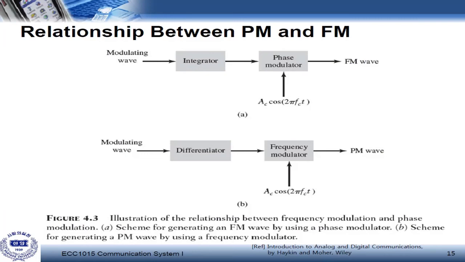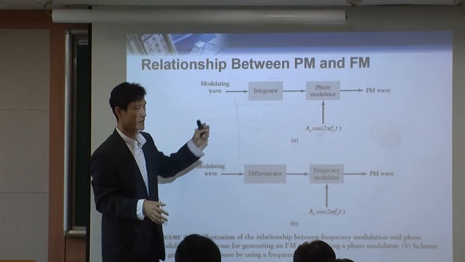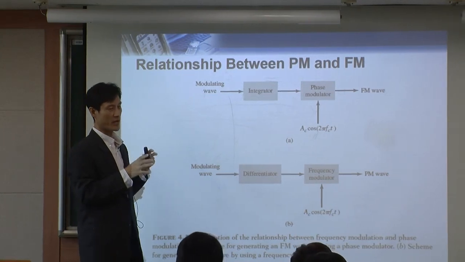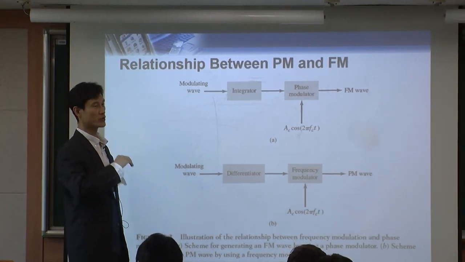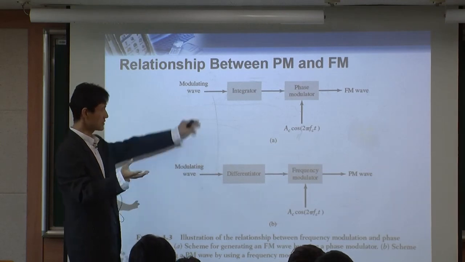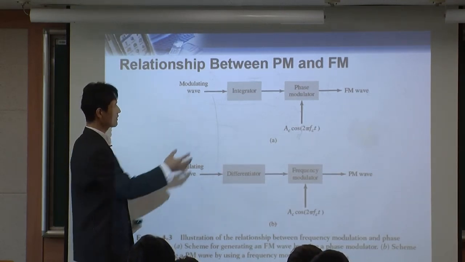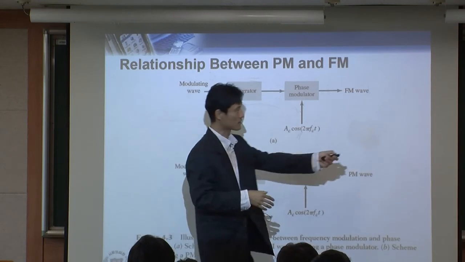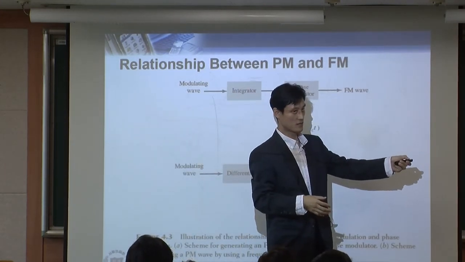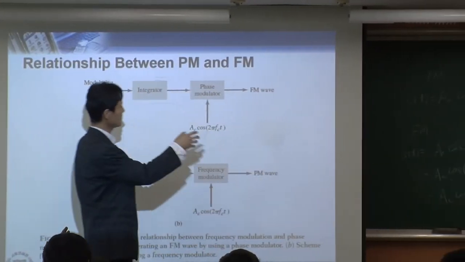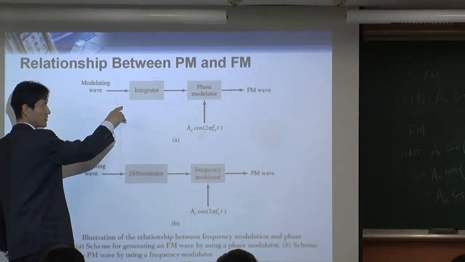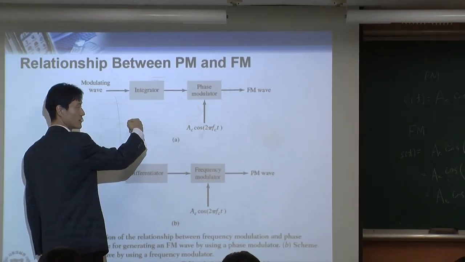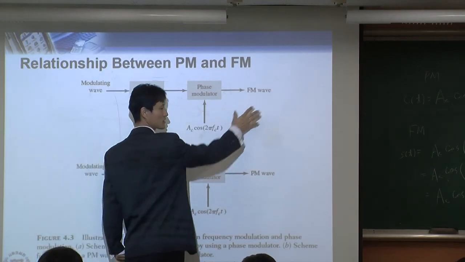This next slide shows you a little bit of relationship between the PM and FM. Okay? The first picture here shows you that if we have a PM signal, how do you create FM? That's the first picture. You have a PM signal like this, right? Let's say you have a PM signal. Then based on this PM signal, put this PM signal here. Now you are doing integrator and multiply cosine here, then you're going to get FM.